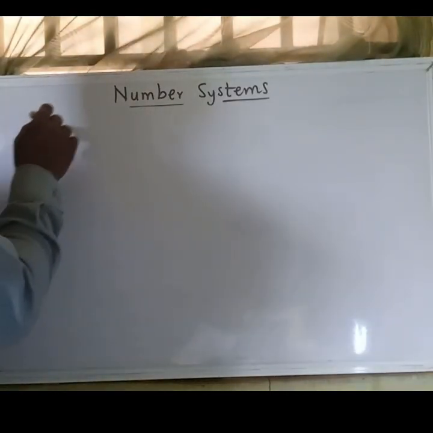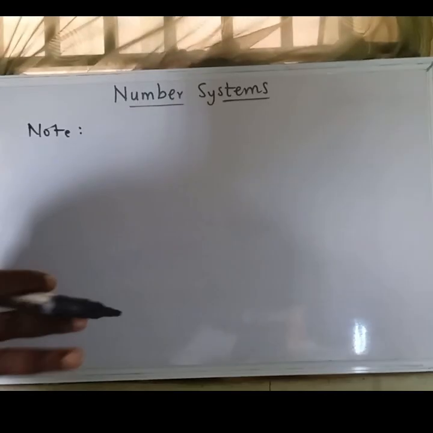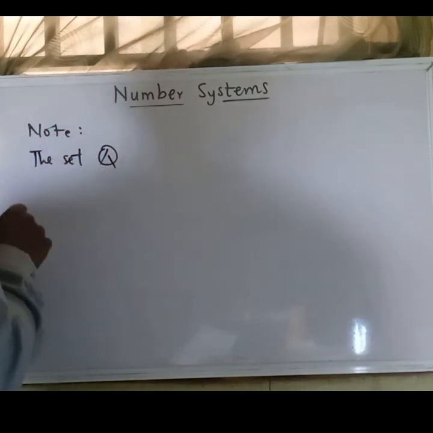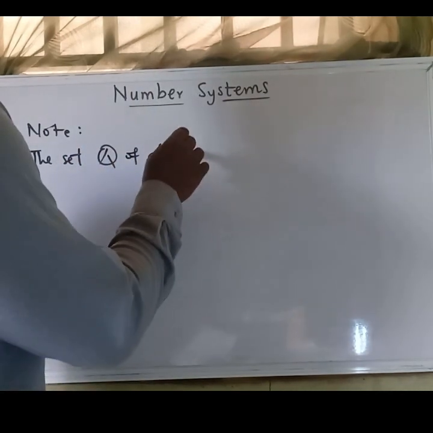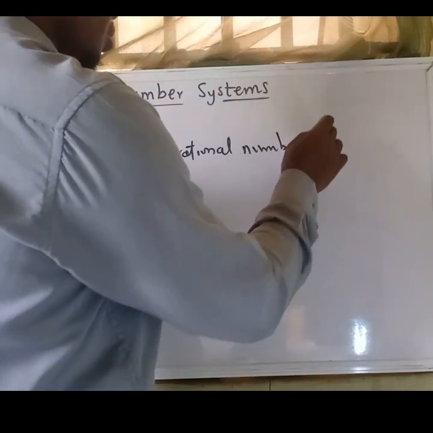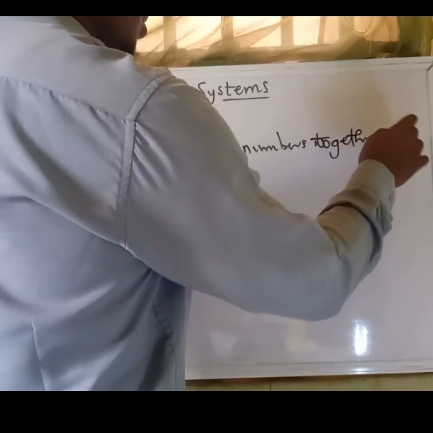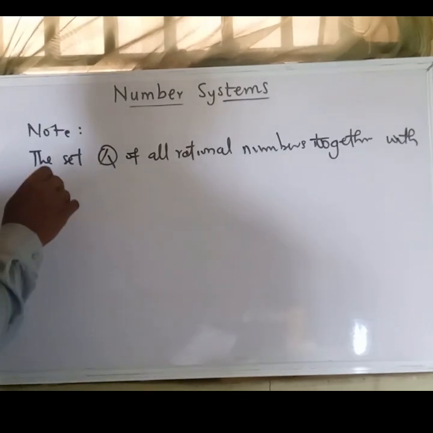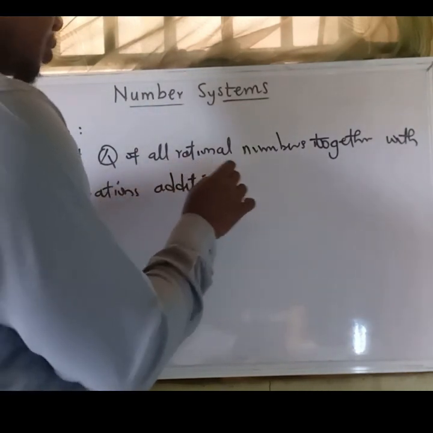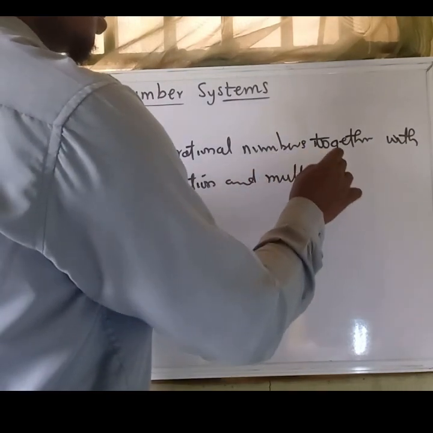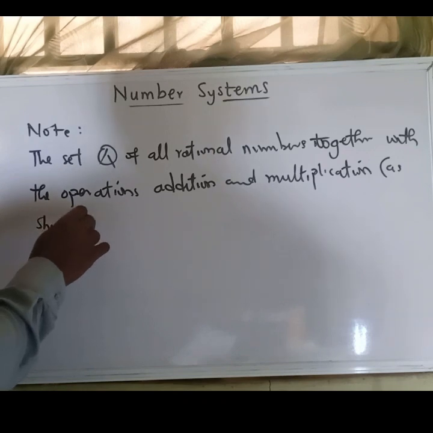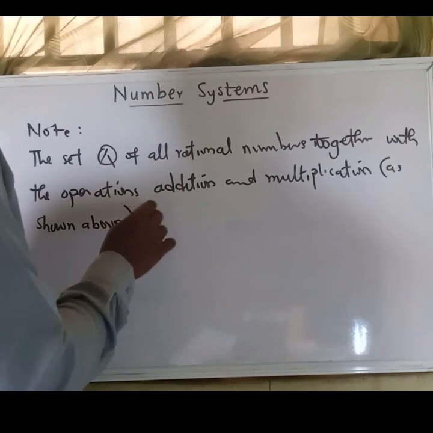We want to note, based on the above properties that we mentioned, the set Q of rational numbers, together with the operations addition and multiplication as shown above, is a field.